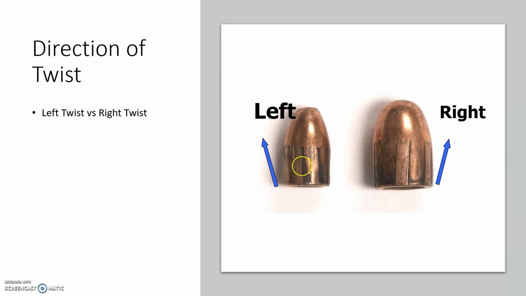The other thing is going to be the direction of the twist. There are obviously two different twists. You have a left twist over here, and if you take a look, the rifling is slanting toward the left. And over here, we have a right twist, where the rifling is slanting toward the right. That one's pretty self-explanatory.